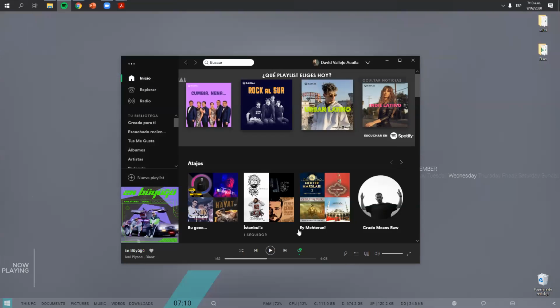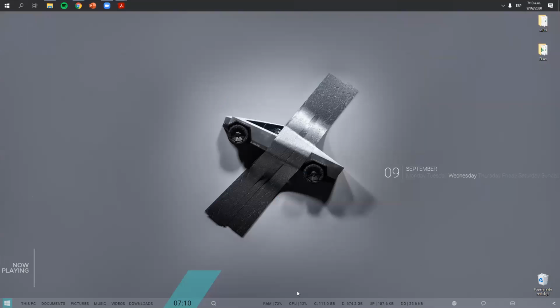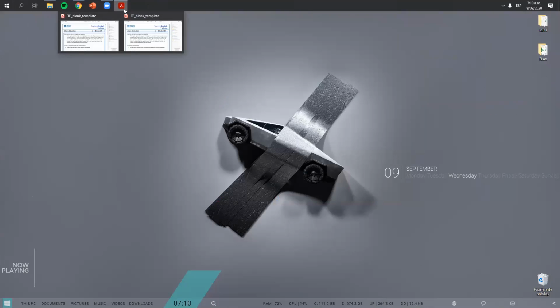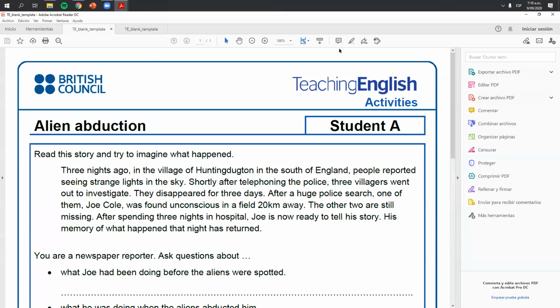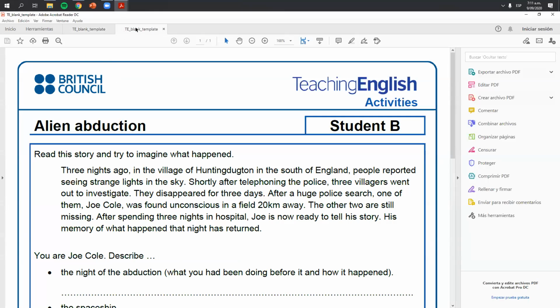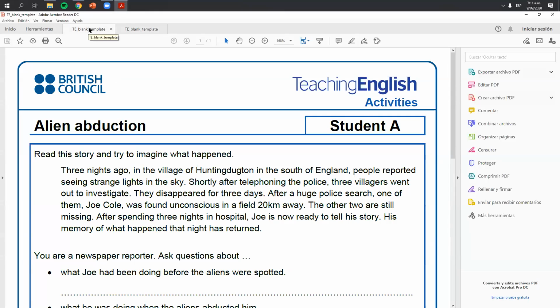Okay, so guys, this is an activity that we'll do in pairs. Basically, it's going to be an interview. What you have to do is follow the guidelines from the files. As you will see, for this interview, we have two roles. One says student A and the other says student B, so each one of you is going to have a different format to work on.